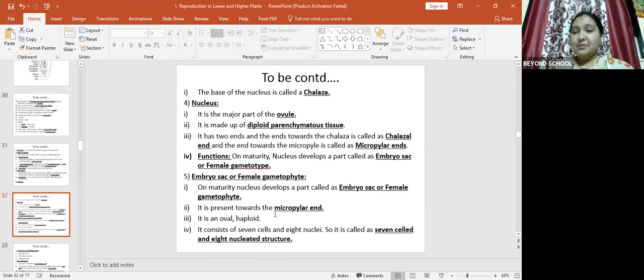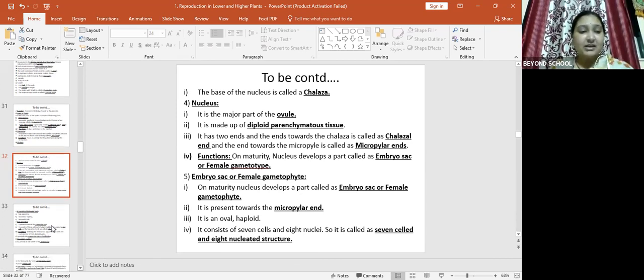The embryo sac is oval in shape and haploid, and it consists of 7 cells and 8 nuclei, so we call it a 7-celled, 8-nucleated structure.